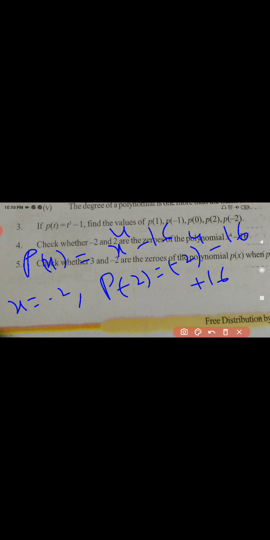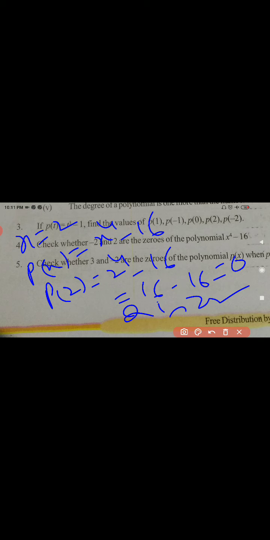So 16 minus 16 is equal to 0. So P of minus 2 is equal to 0, hence minus 2 is a zero of the polynomial.